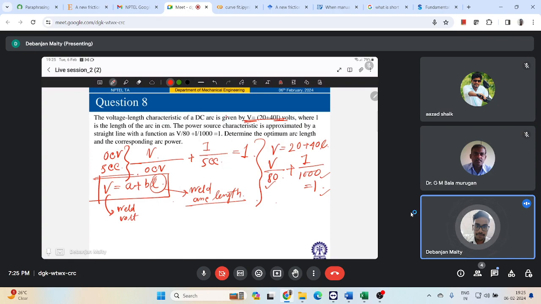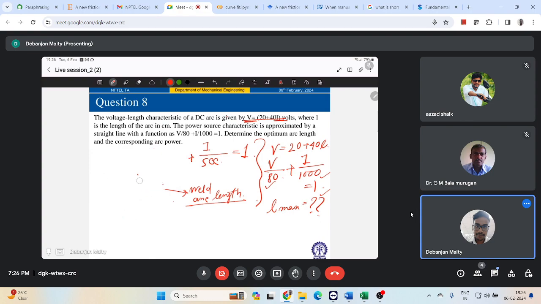We have to determine the optimum arc length, so L max. How can we determine it?